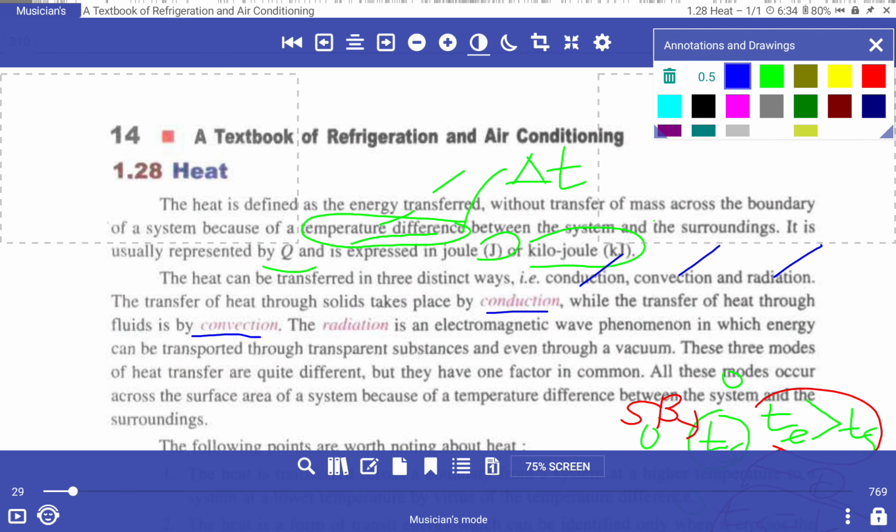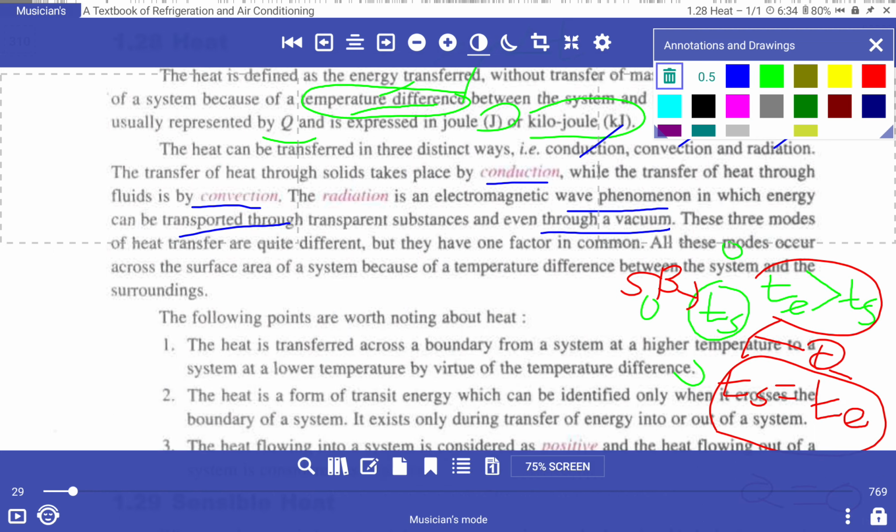Radiation is the electromagnetic wave phenomenon in which energy can be transported through a transparent substance and even through a vacuum. Even through a vacuum, Q is transferred by means of radiation.